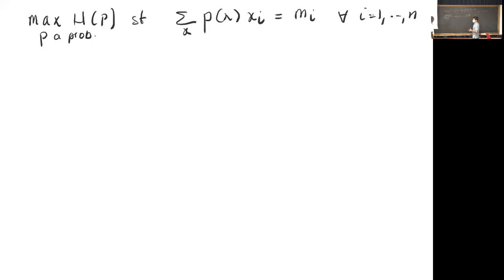This summation is over i, it's not over the index x. Here you have two indices. You have x, which is the outcome, and x is a vector of size n.